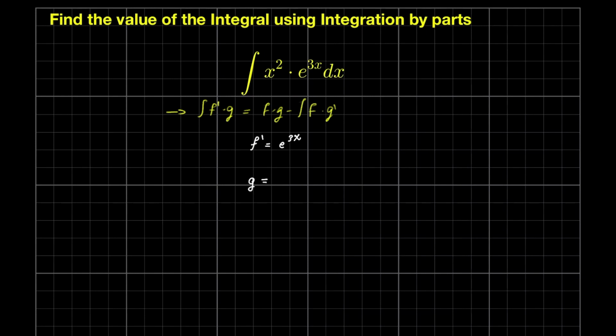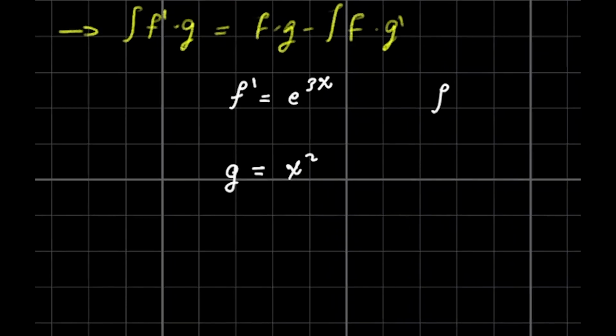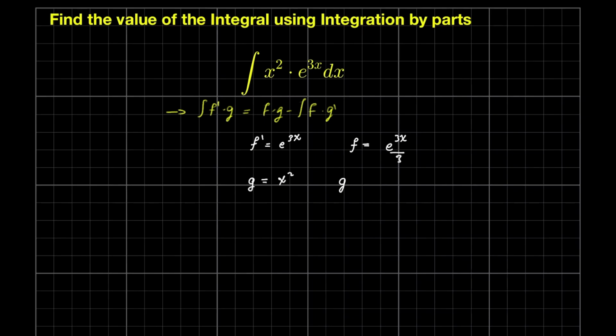And so therefore I'll integrate the function f prime, or e to the power of 3x, and the integral there is equal to e to the power of 3x over 3, and g prime will be 2x. And then I just use my formula.